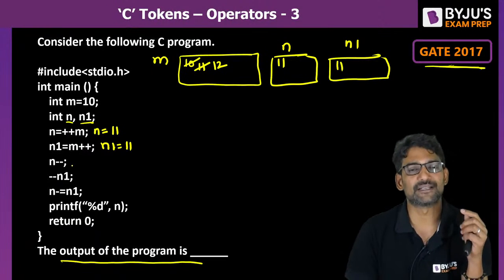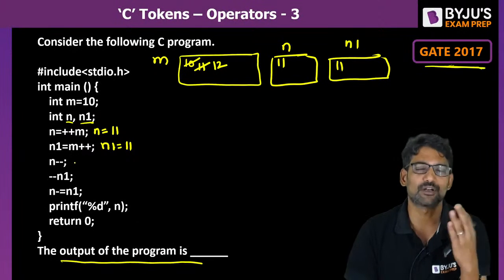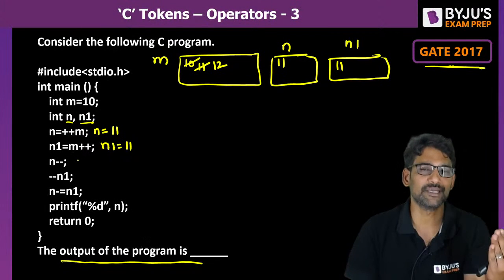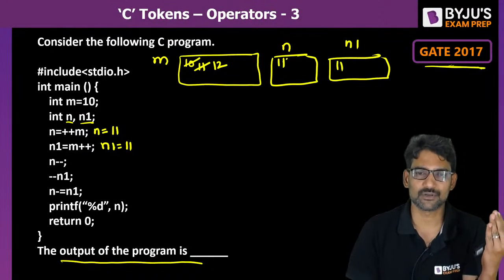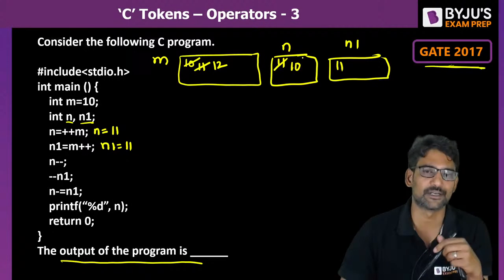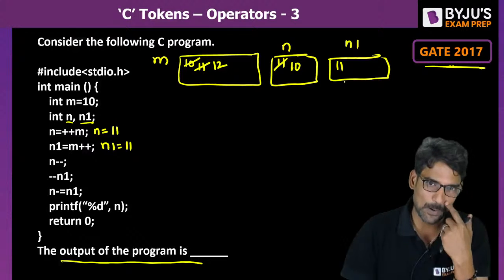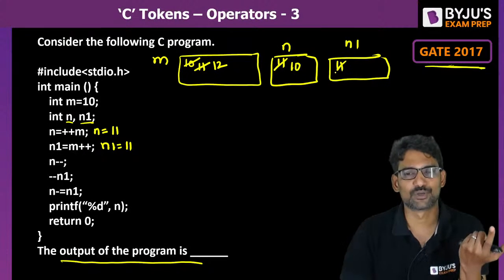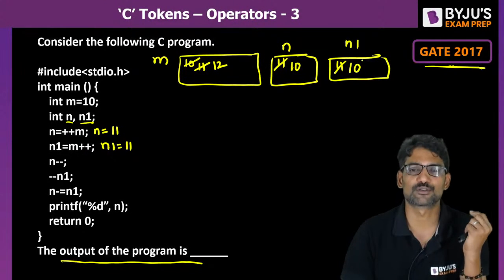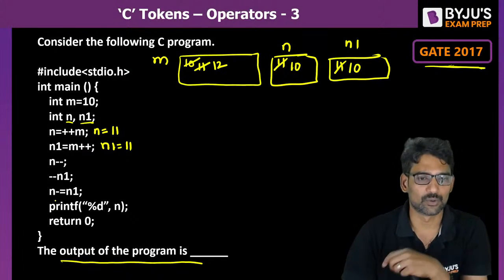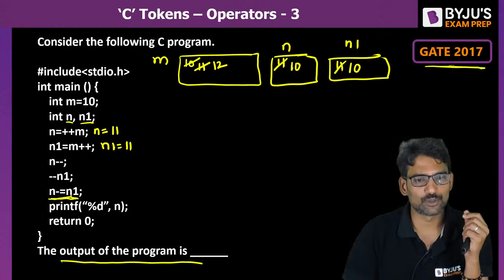Now n minus minus, you are not assigning to anything, but you are simply decrementing. So yes, n got decremented to 10. Minus minus n1, whether it is pre or post, here no effect, n1 also decremented to 10. Now n minus equal to n1.